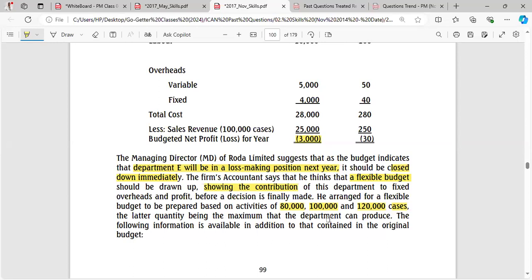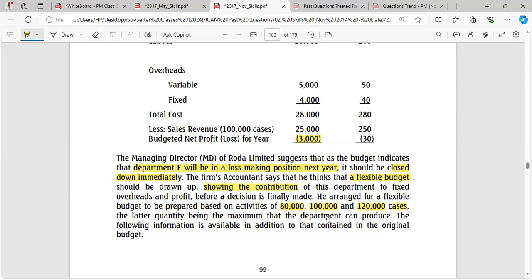So it's as good as saying they are making 3 budgets. One for 0 cases. If there is 0 cases, there will be no profit, there will be no loss. No problem. That is even out of the way, because that's what the managing director is saying: let's not budget for it, let's close it down. It's as good as saying 0 cases.